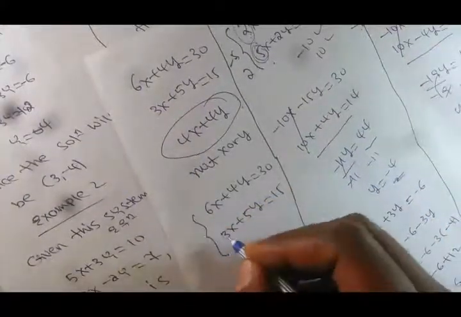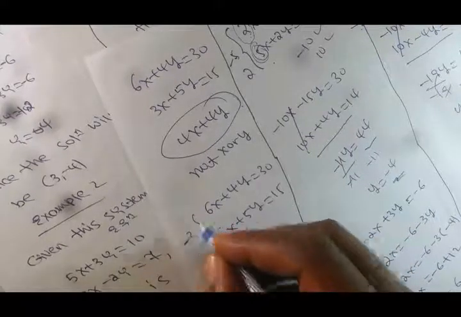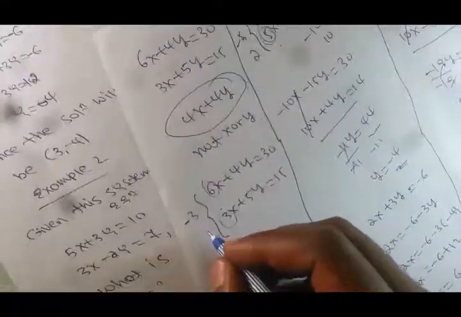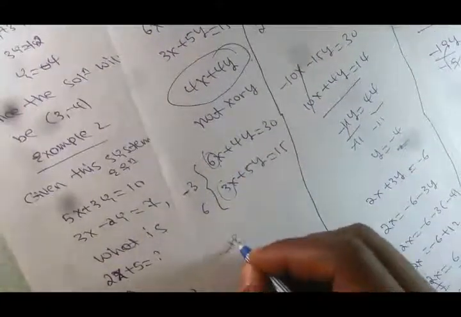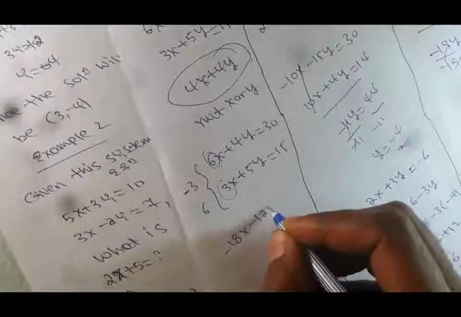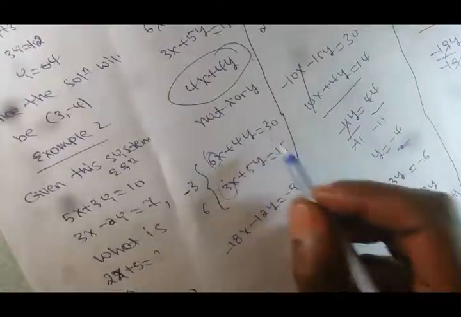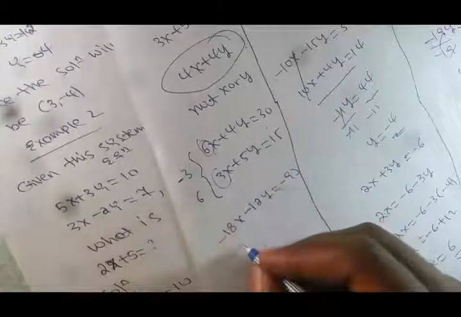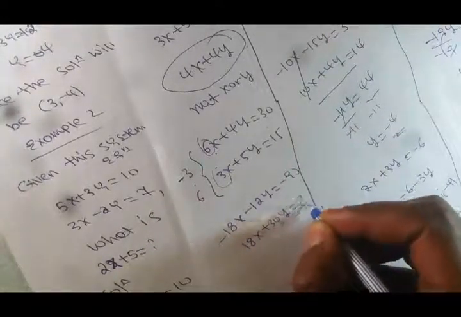So on the first, negative of this number minus 3, positive of this number 6. Therefore minus 3 times this, minus 18x minus 12y is equals to minus 19. When negative 3 multiplied by 13, minus 9. 6 times 3, 18x plus 30y is equals to 18.